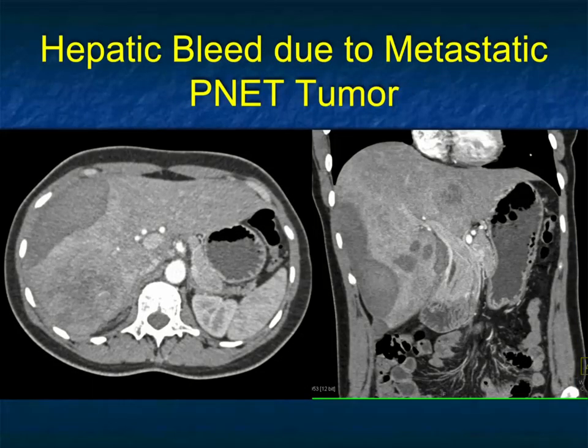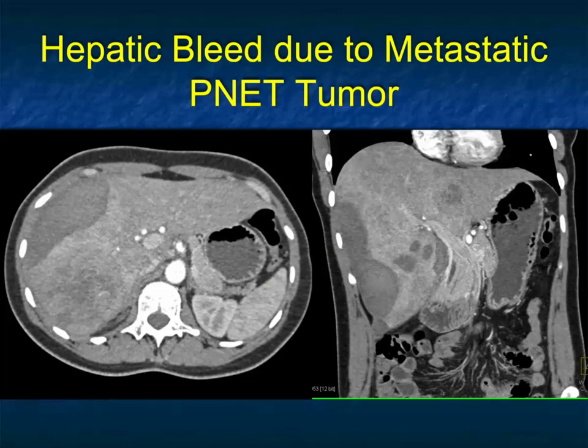Again, you'd be thinking about hepatic adenoma, but I showed this case to make the point, just like I said a few moments ago, you can't really be definitive about hepatic adenoma because often the lesion is not seen once there's a bleed and then you worry about hepatoma. But as I mentioned, when I gave a differential for bleeding, it can also be metastatic disease like neuroendocrine tumors, renal cell carcinoma are a couple examples.